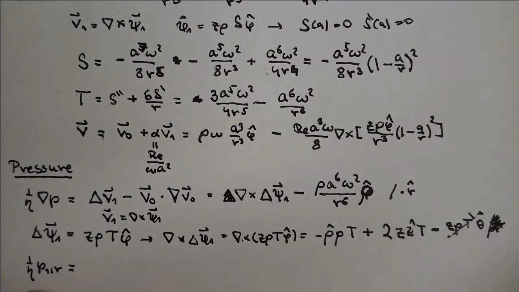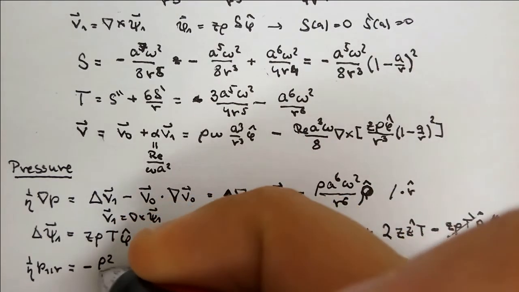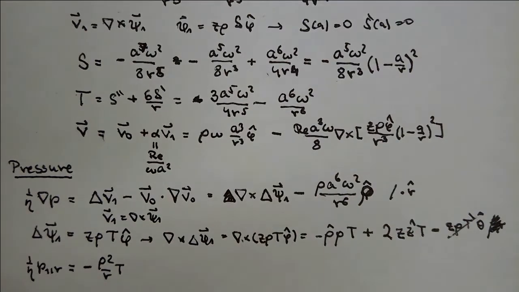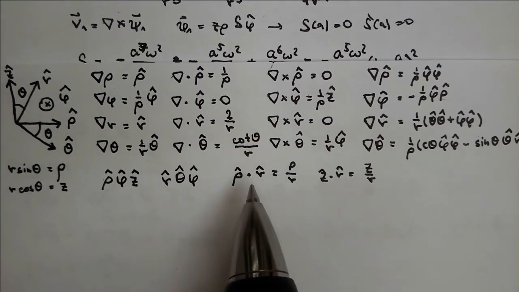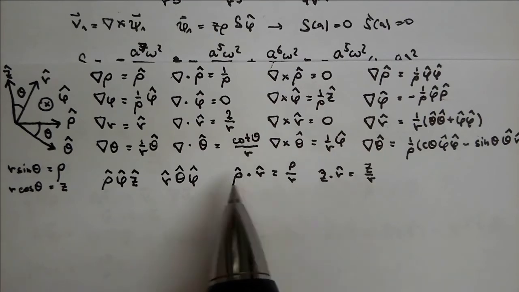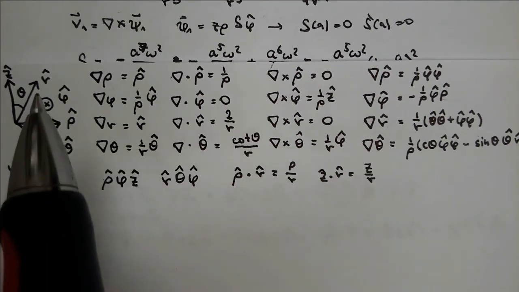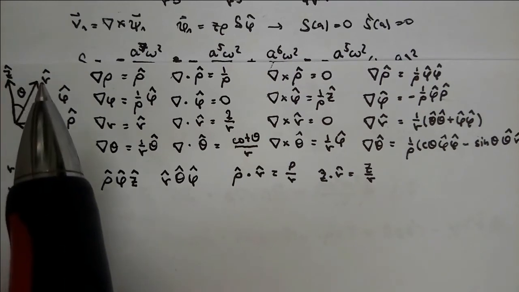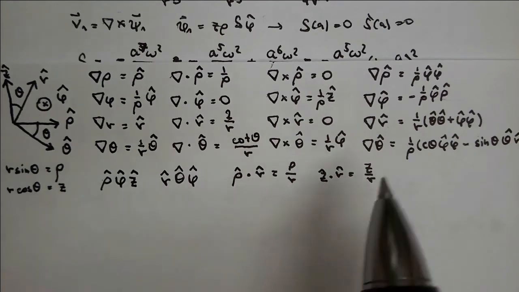rho divided by r. So this should be minus rho squared divided by r times t, and the dot product with z will do. There it is, written without the help of the chart, but again you can see that z dot r hat is the cosine of this angle, and the cosine is z over r.